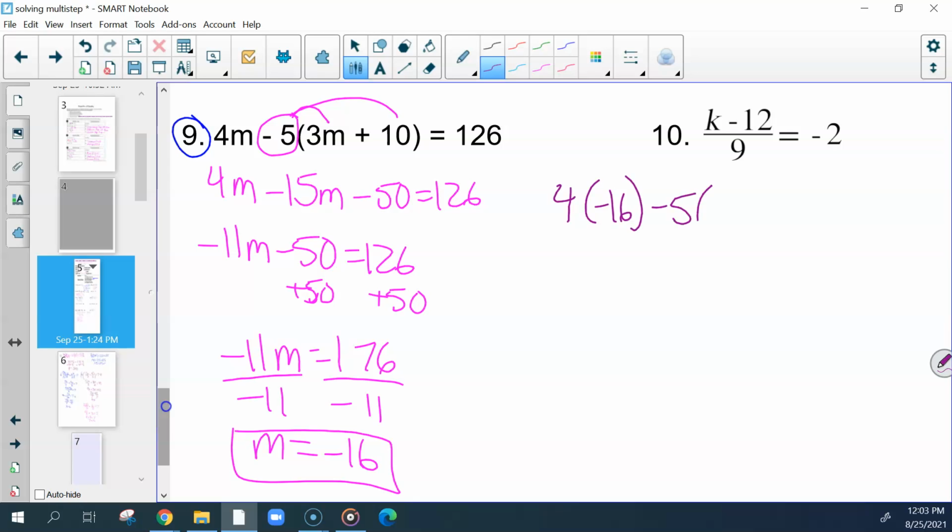Oh, that's too much. That's too chaotic. One of those didn't work.